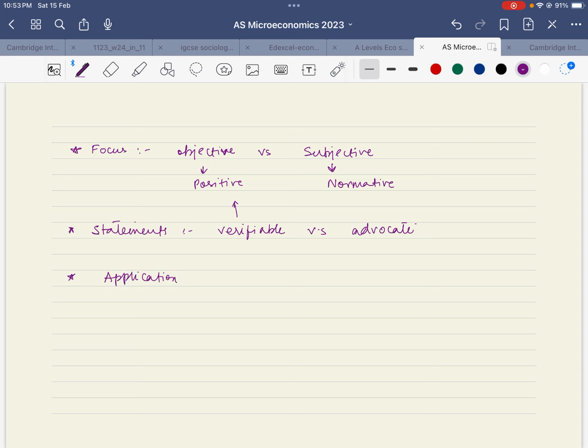Third is application. Okay, what do I mean? Positive economics is used to predict economic outcomes, to understand cause and effect relationships, while normative economics is used to advocate for specific policies. Okay, predict versus value judgment.